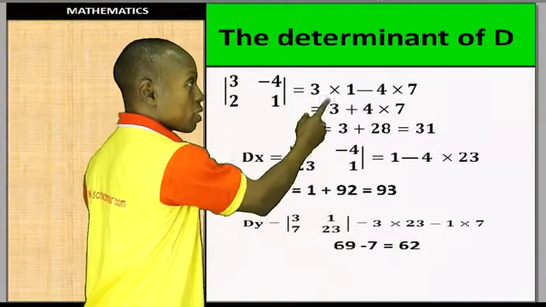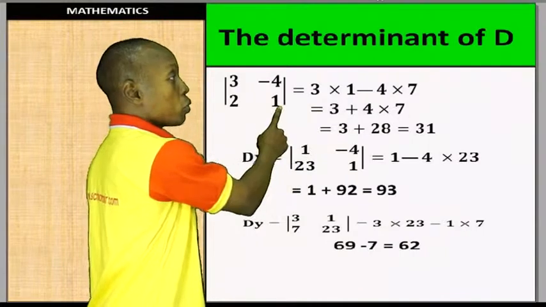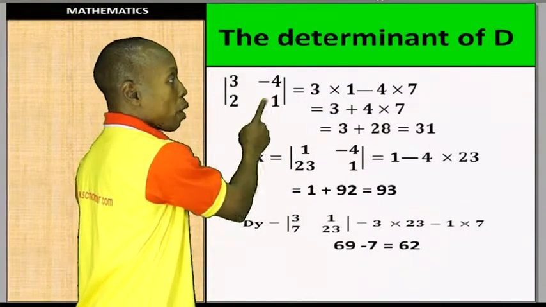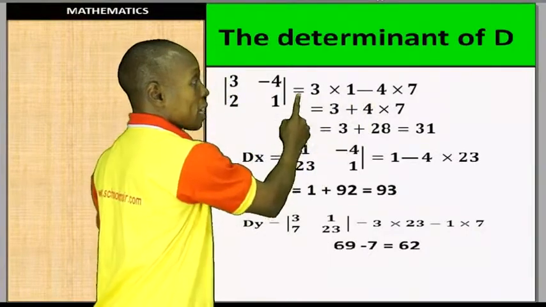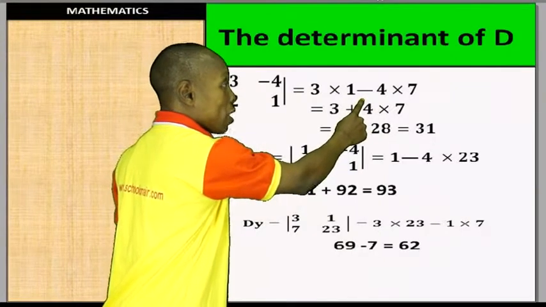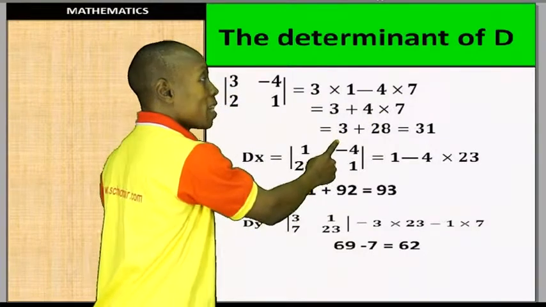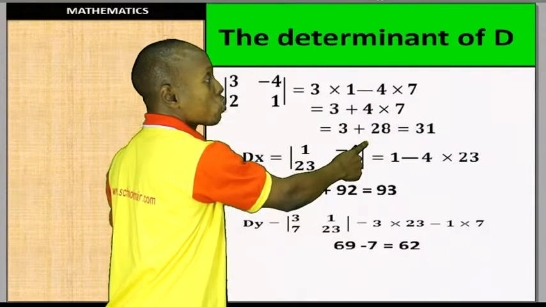So you can see the two vertical lines. To get the determinant, you multiply 3 by 1, that's why you have 3 multiplied by 1 minus, don't forget that minus, then there is another minus. So you have minus minus, that's how you have plus here, multiplied by 7. That's why you have 3 plus 28, because 4 times 7 is 28.